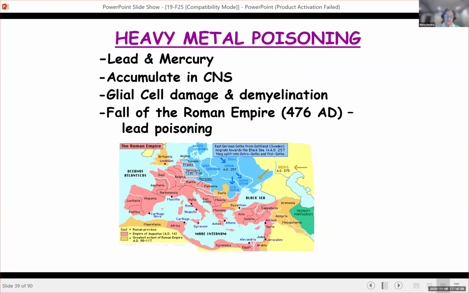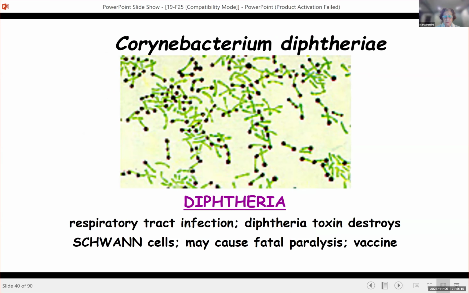Then you have other conditions that lead to the destruction of myelin. Heavy metals are highly toxic to myelin, like lead and mercury. That's why it's not good to have lead in paint. Lead is highly toxic. Then there are some bacteria that produce toxins that can also damage the Schwann cells.